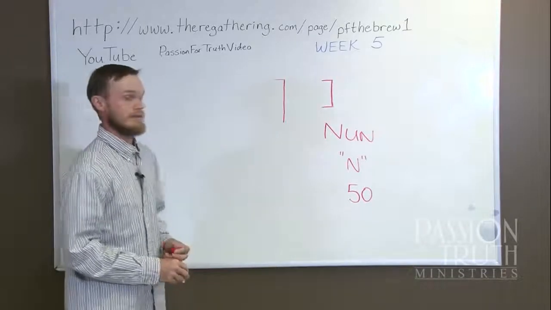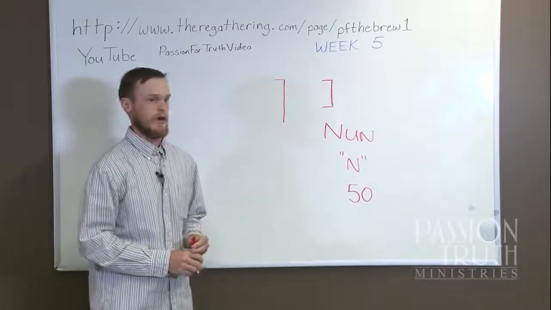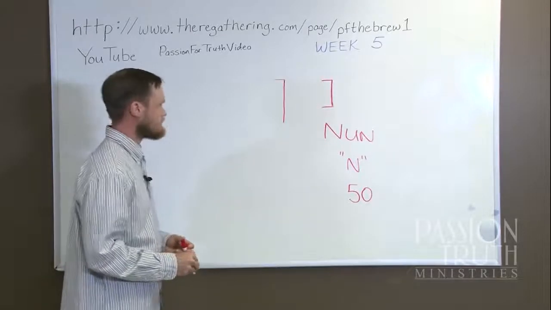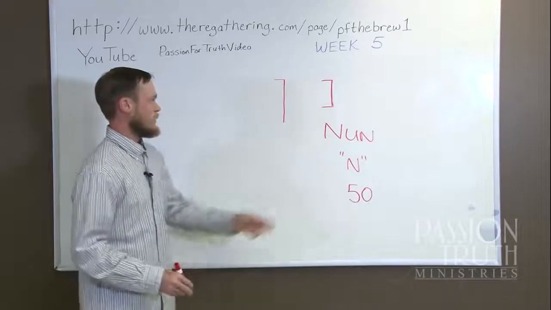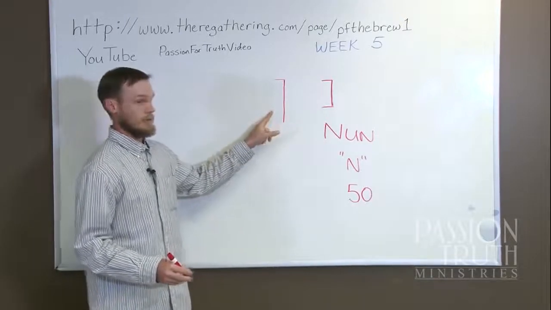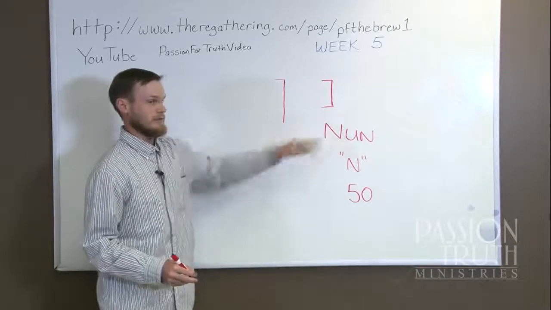Sofit would be Hebrew for final. So at the end of a word, you write a nun like this. In any other place in a word, it's written like this.